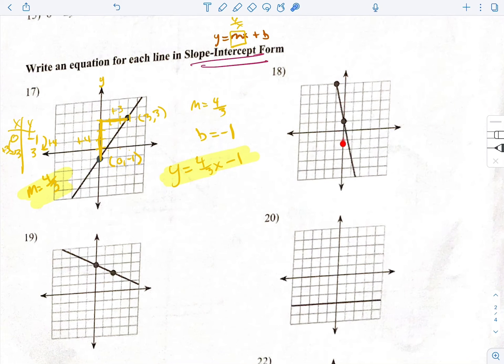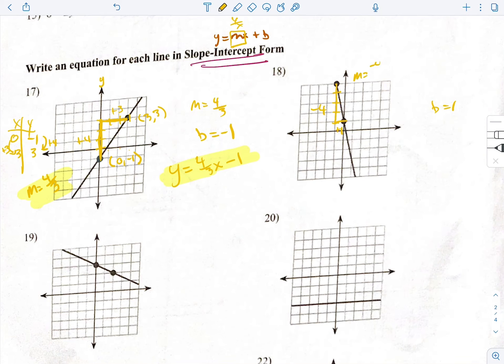Try the 18, right? What's our y-intercept? You got it. It's 1. Well, what's the slope? If we do the rise over run, we went down 1, 2, 3, 4, and right 1.